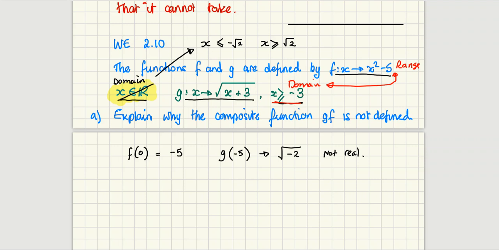I'd have a solid dot there and a solid dot there, and we're saying x must be greater than the square root of 2, or less than or equal to negative the square root of 2. So I'm saying I'm allowed to use any of these values. Where does 0 fall? Between them. So that's a part of the domain I'm not allowed to use.